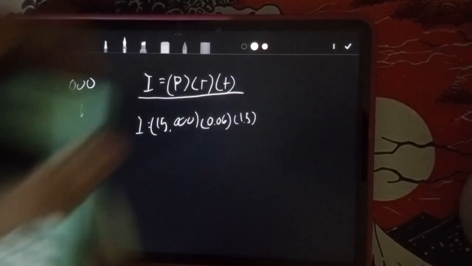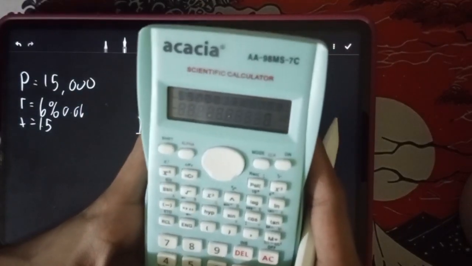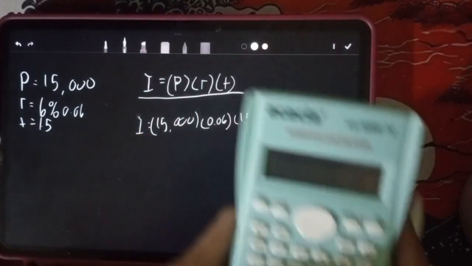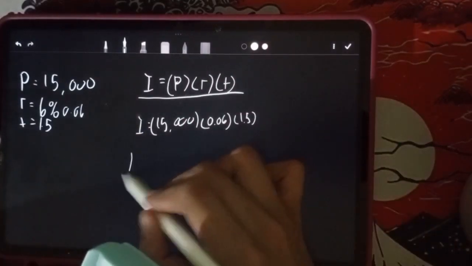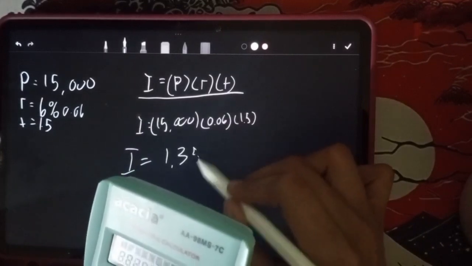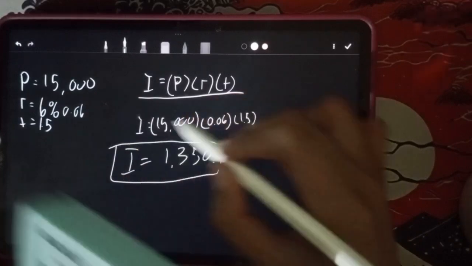Now do the math. 15,000 times 0.06 times 1.5, and the answer is 1,350. Now we can check if this is correct.